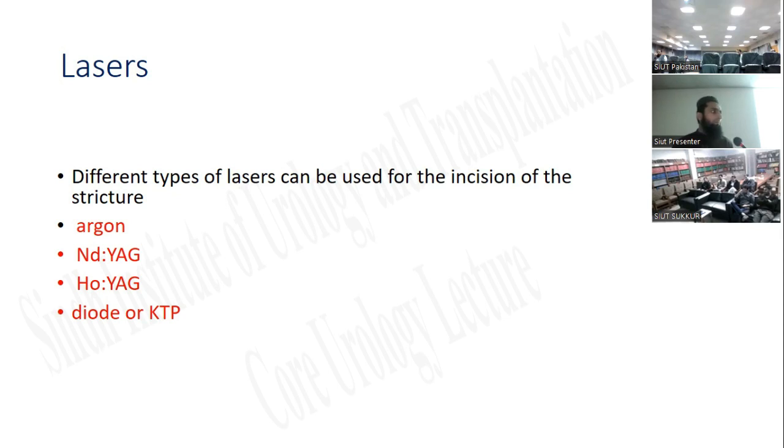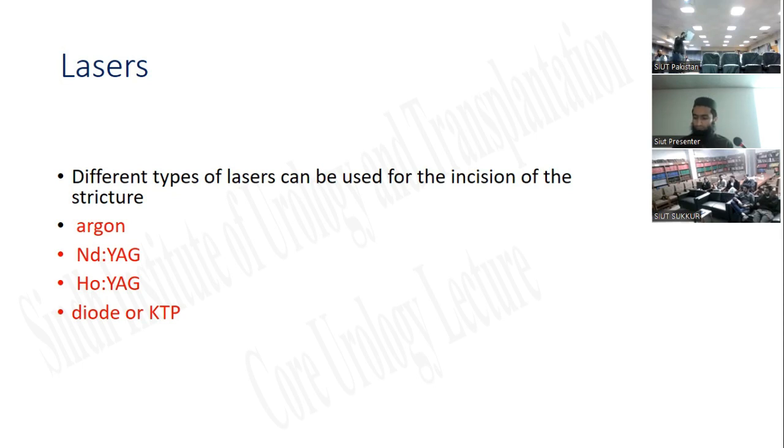Look, brother, this is the penile urethra, okay. The penile urethra is in the center, this is the corpus spongiosum. Can everyone see it? This is the corpus spongiosum.